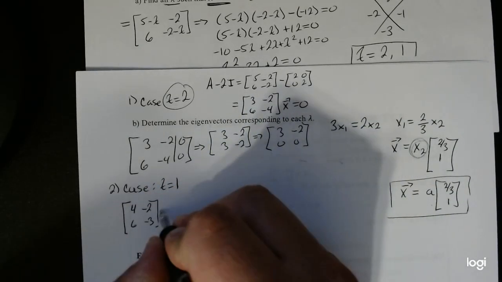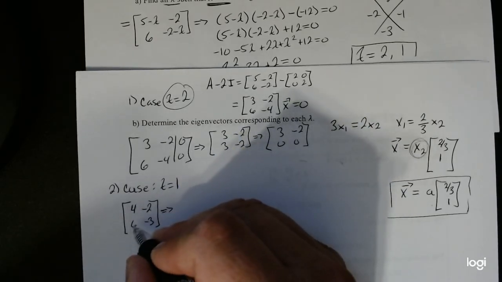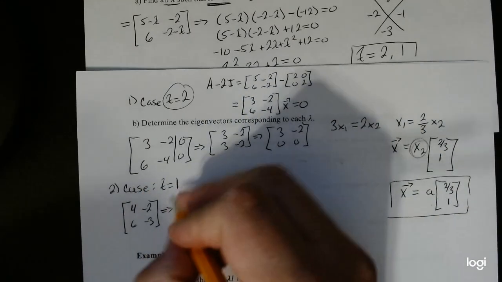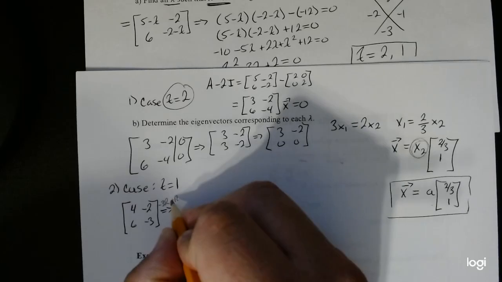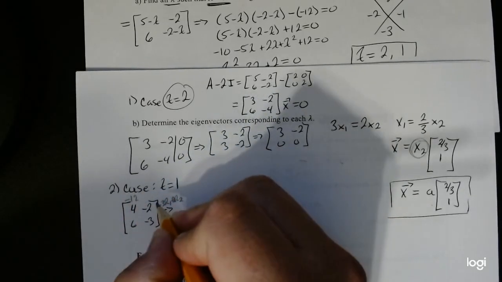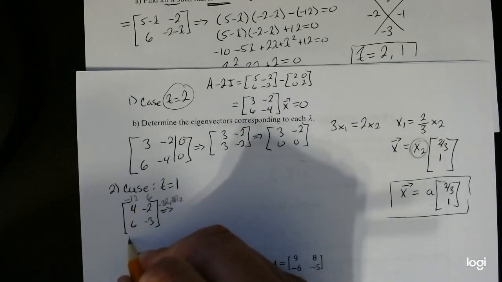Okay, so let's do this. I guess I'll just do the long way. So I'll multiply this by negative 3 plus, and then multiply this by 2. So negative 12, positive 6, multiply by 2.